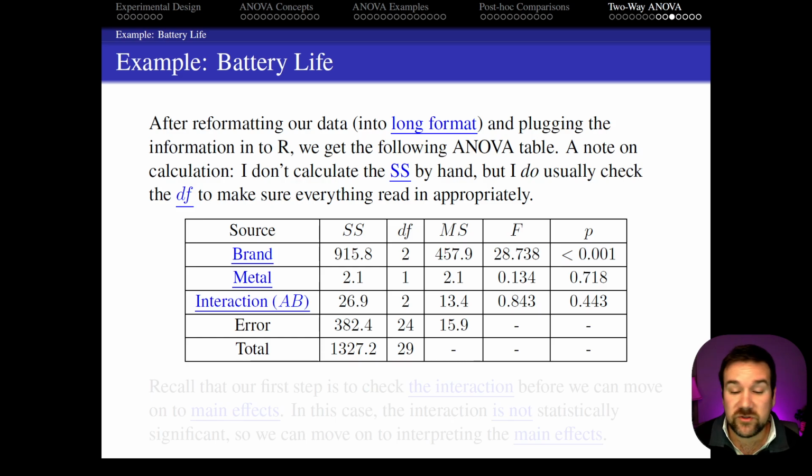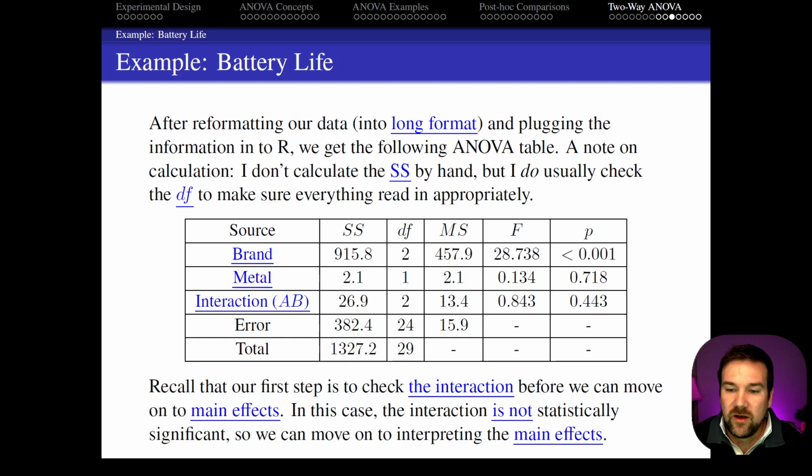For metal, there were 2 metals. 2 minus 1 is 1. The degrees of freedom should be 1 for metal, and I see that that's true. So that's a good way to double check that my table is reading appropriately. I can also double check the total, make sure I anticipate that I have 30 total observations. The total degrees of freedom should be 30 minus 1, or 29. Again, for the total observations, not the total in each cell.